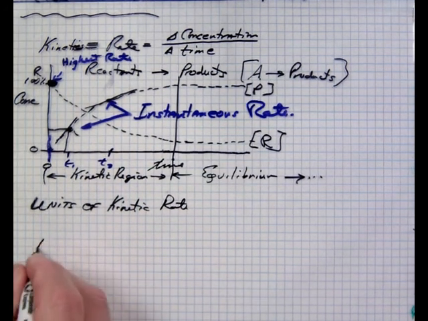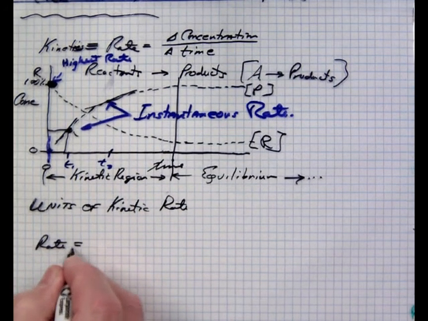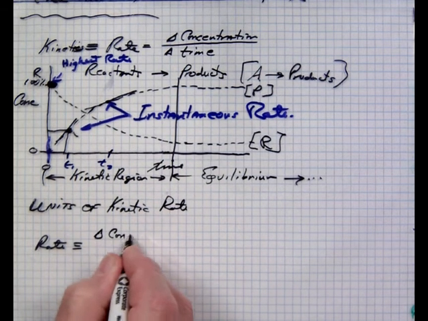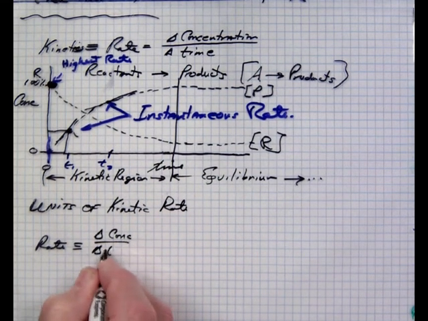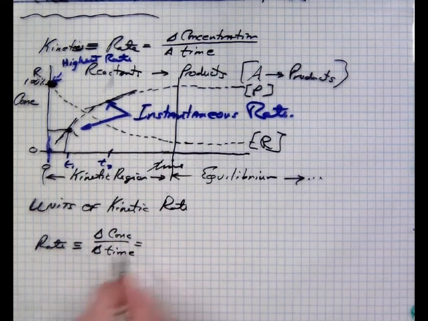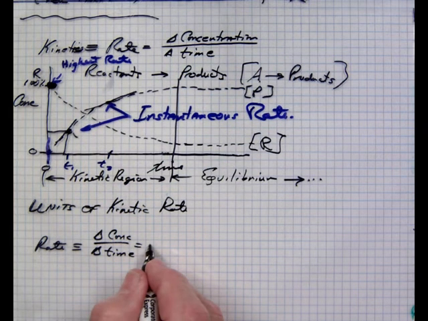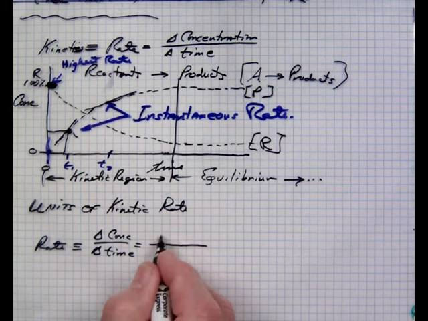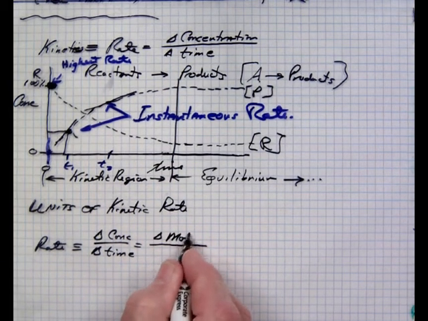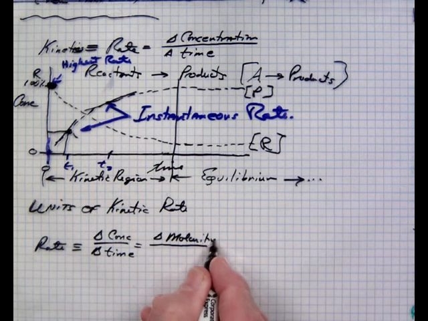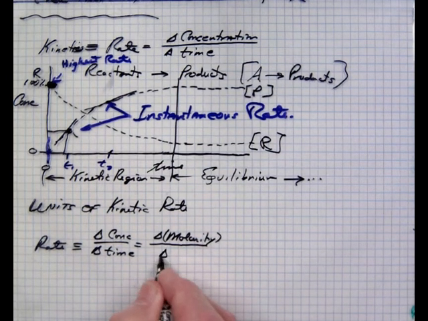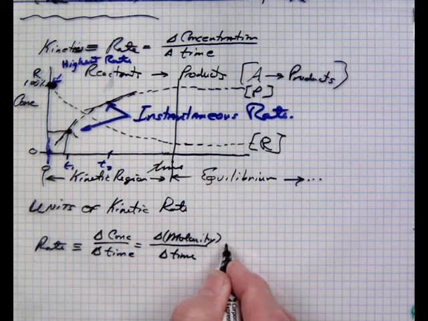Okay, since rate is defined as a change in concentration over a change in time, it is appropriate to use some concentration term in the numerator of our units. In chemistry, molarity is the primary concentration term we use, and so it would be a change in molarity as a change in time occurs.